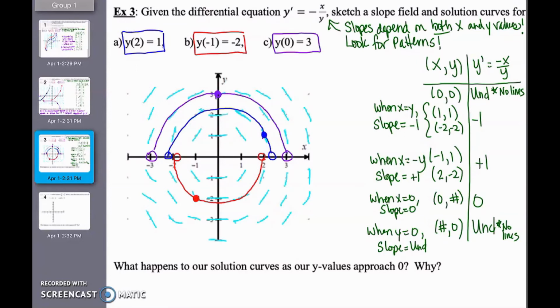There we go, okay? So a little note here: what happens to our solution curves as our y values approach 0, and why is that? Well, the answer to that question is all of our curves stop, and by stop, I mean we show that with open circles on our graph when they reach the x-axis.